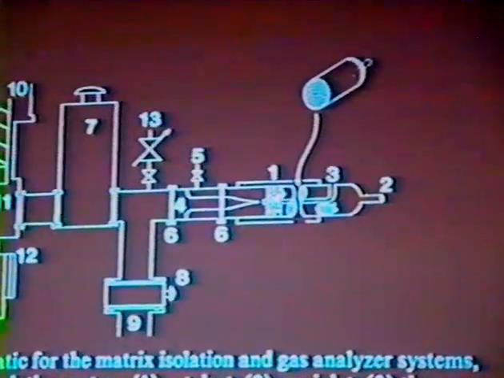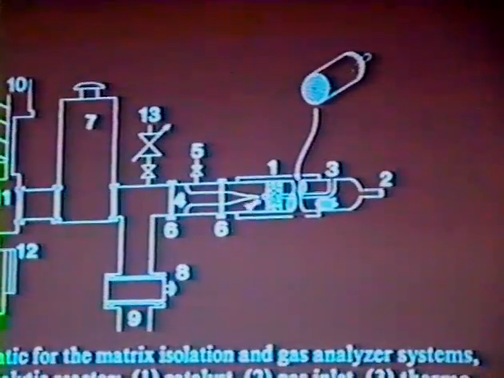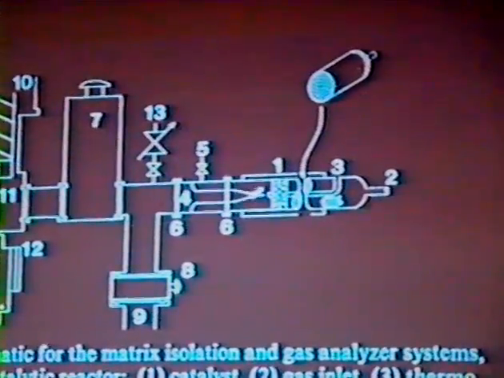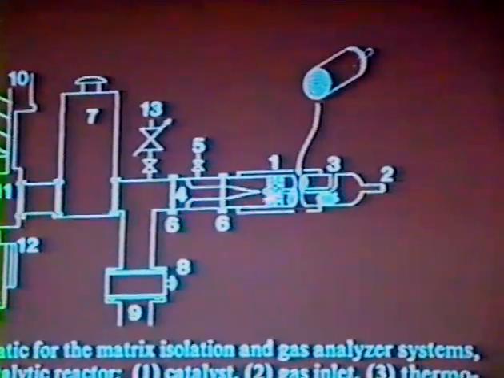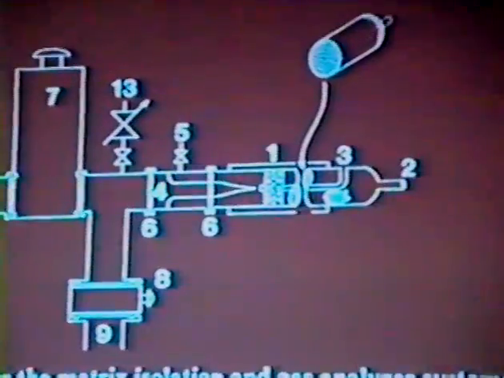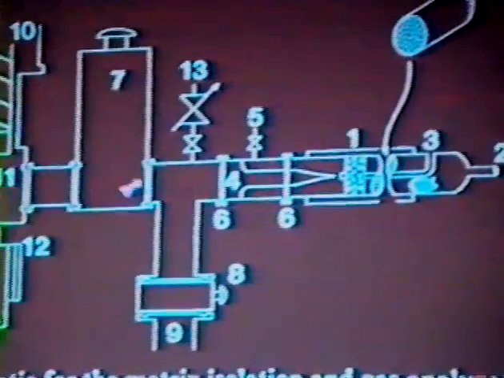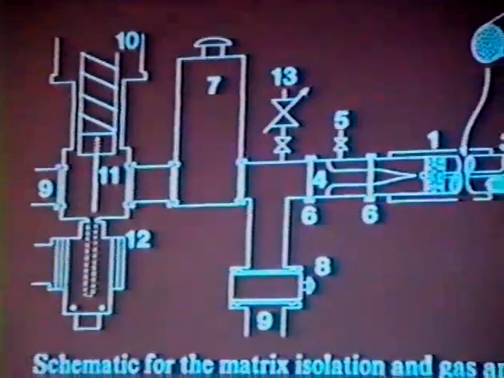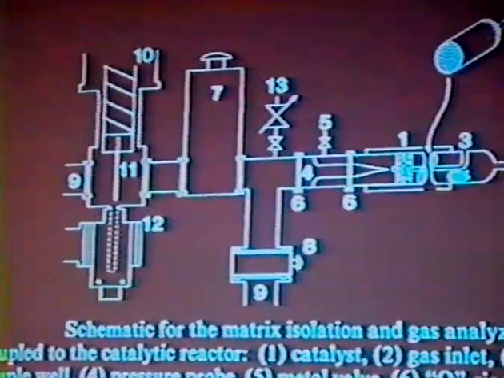The radicals then leave the surface and enter the leak, and at this region initially we operated at about 1 bar. We've since been able to go up to 1 atmosphere. The pressure on the other side of the leak is on the order of 10 to the minus 5 bar.